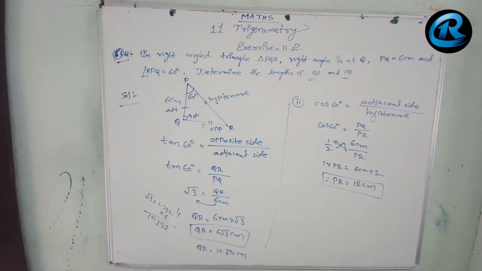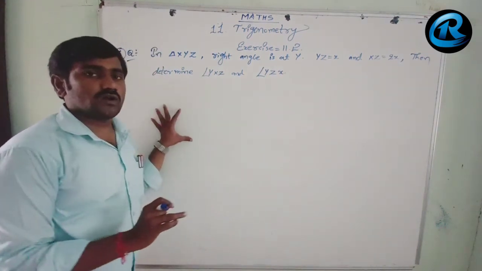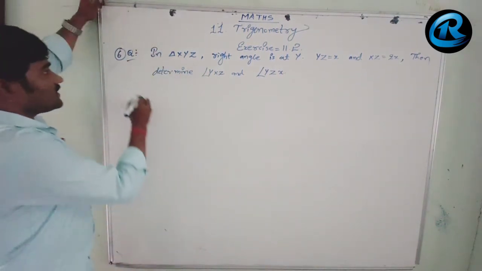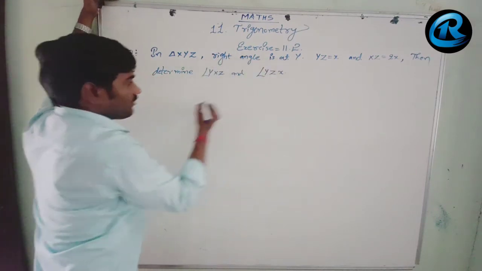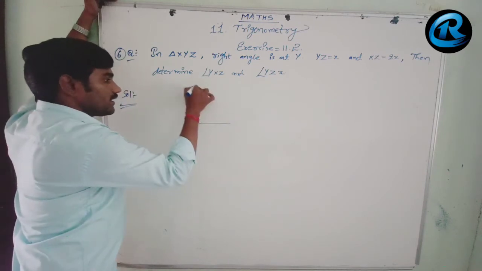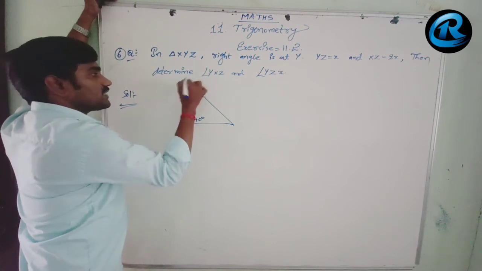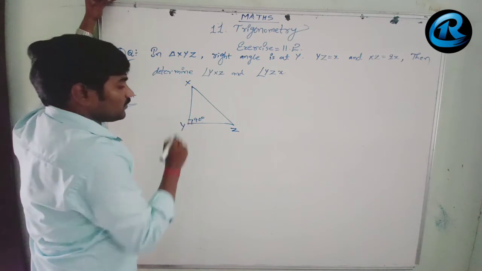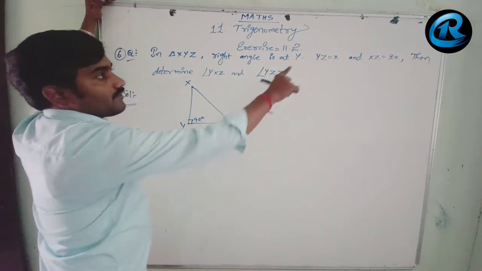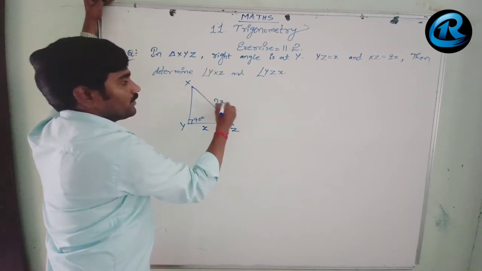Now we got the length of QR and the length of PR also. Now this will be the last question of this exercise. Already the 7th one we have solved. So in triangle XYZ, right angle at Y, we go for a solution. We will draw a right angle triangle, where Y equals 90 degrees, with X and Z, where YZ equals X and ZX equals 2X.